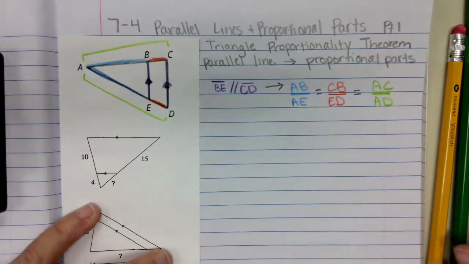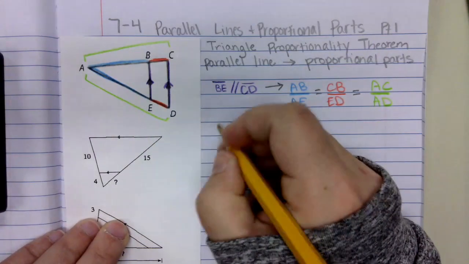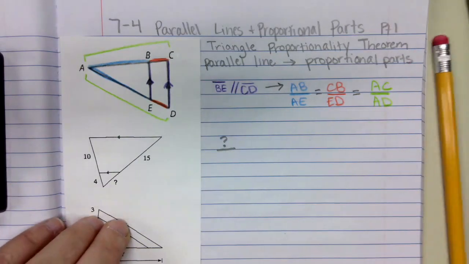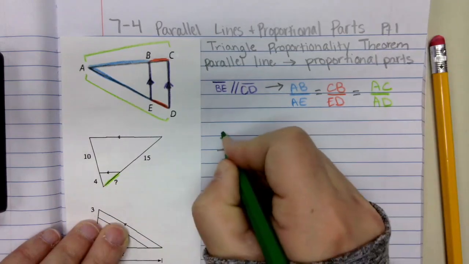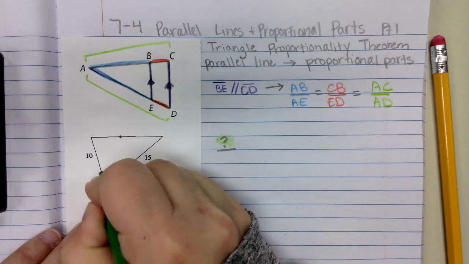All right, our goal is to find the question mark. Okay, I always like to start with my variable first, and you're going to see that in the practice that you have to start with that question mark or the x. So my question mark here is this here. Okay, and I'm going to compare that to the other side, 4.